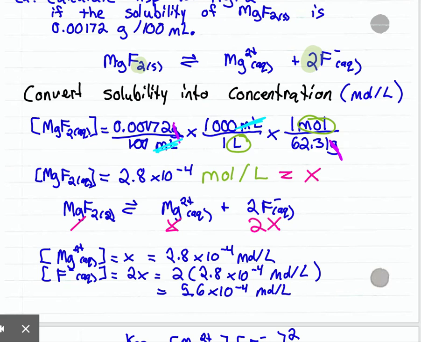And the fluorine ion concentration is going to equal 2X. So 2 times 2.8 times 10 to negative 4 mole per liter, and it ends up being 5.6 times 10 to negative 4 mole per liter.